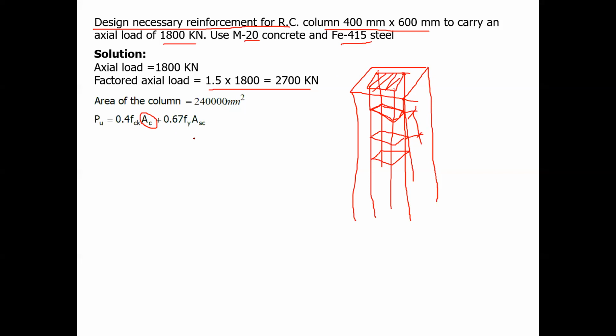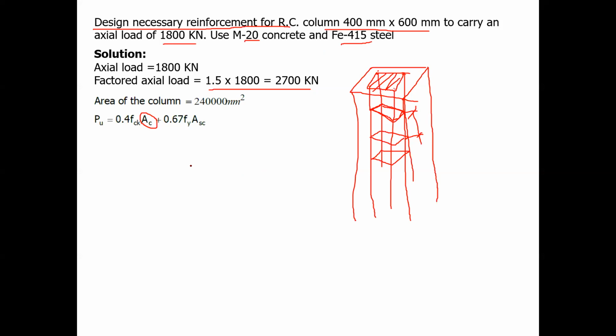Previously, we considered 2% of the area, right? But then the column size was not given. That's why we considered 2%. But here the column size is given. So you have to be very careful while considering any of the problems.